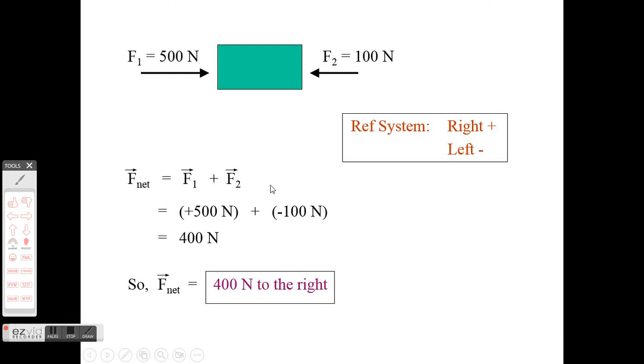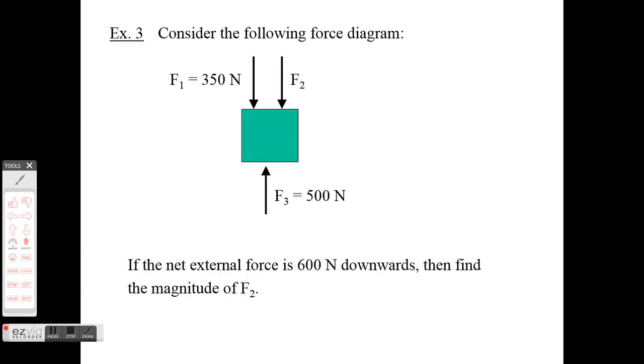Okay, what about this one? The net external force is 600 newtons downwards, so we know that now. What's the magnitude of F2? Obviously pushing down fairly strongly because F1 is pushing down with 350, but F3 is pushing back up with 500. So we set it up and say, okay, the net force on this object is F1 plus F2 plus F3.